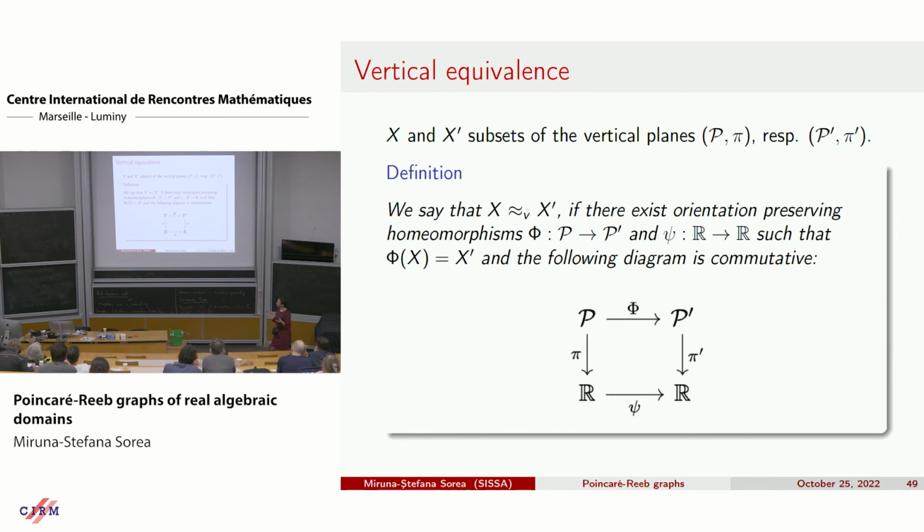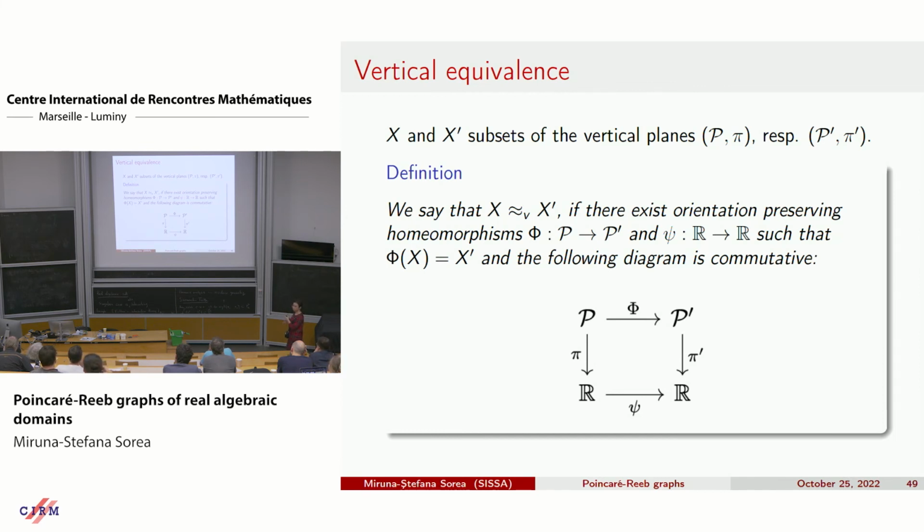We want to capture the combinatorics of the domains we are considering, and for that we will care about preserving the horizontal order of the critical points. This can be encoded in a technical definition, but the idea is that we care about preserving the horizontal order of the critical points.